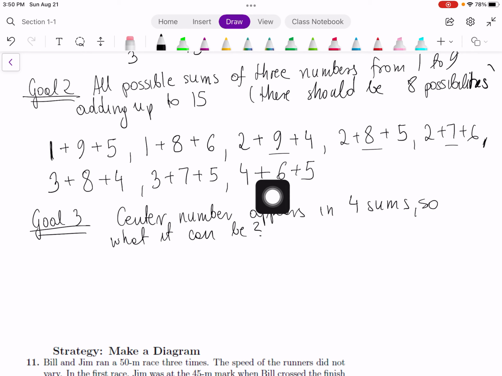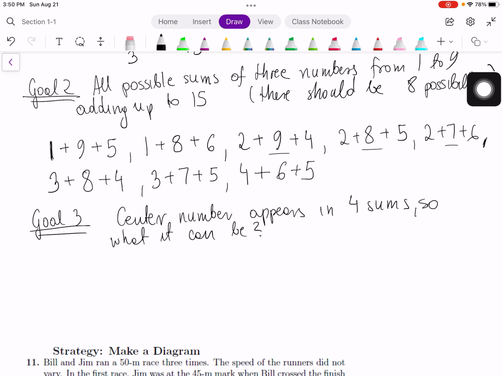And of course, some of us might see it. Sometimes you can stare at something and still not see it, then of course you just look, okay, 1 appears in 2 sums, and you can go step by step. 2, I see it only twice, right? 3, and so on. But some of you probably see that 5 shows up here, here, here, and here.